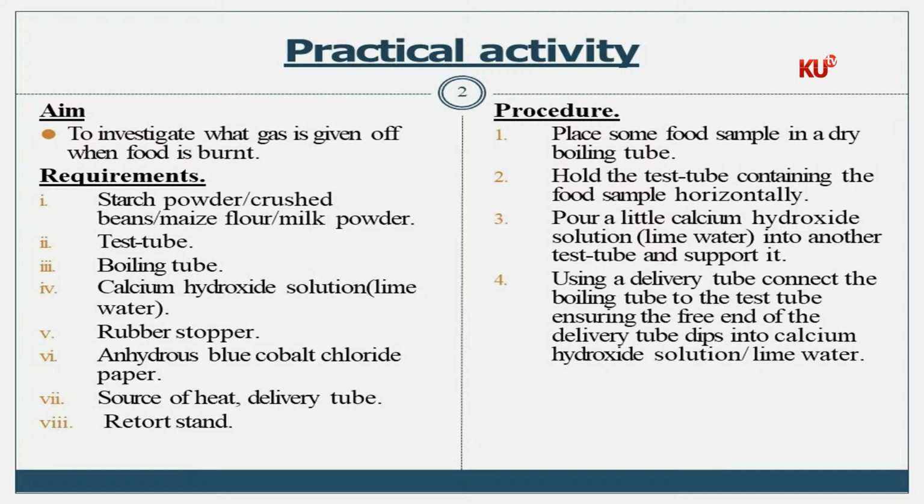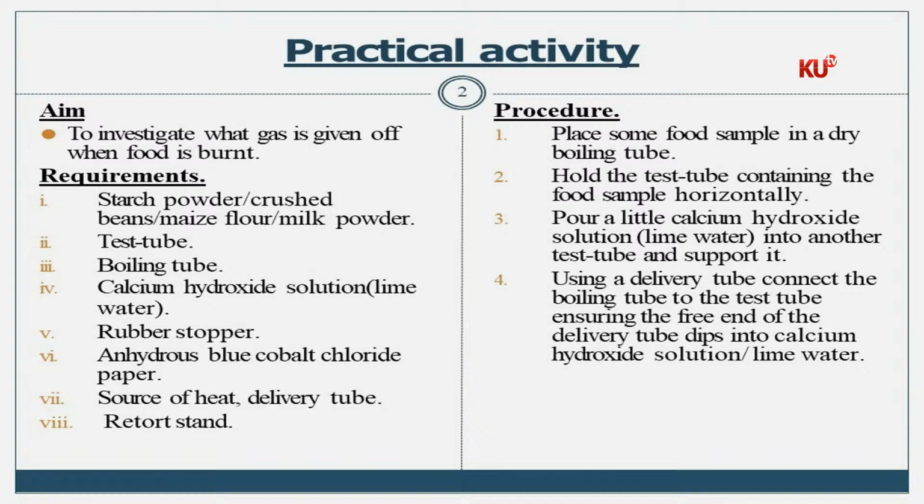Then we have the requirements. As you can see, we have the retort stand, the boiling tube, and calcium hydroxide solution that we are going to use to confirm the gas that is produced. In the procedure, place some food in a dry boiling tube, then hold the tube containing the food sample horizontally.